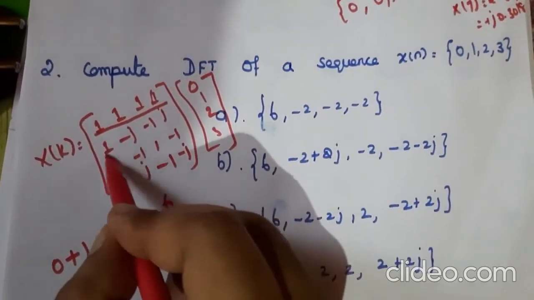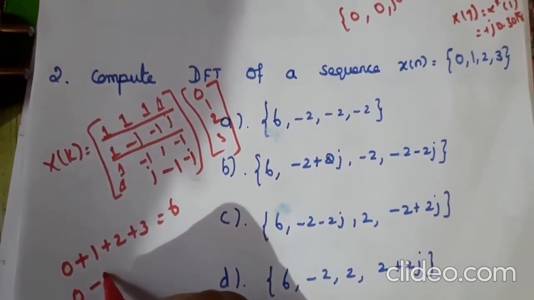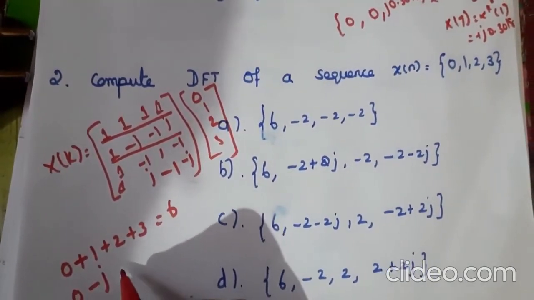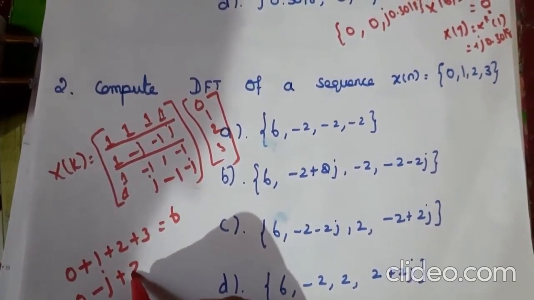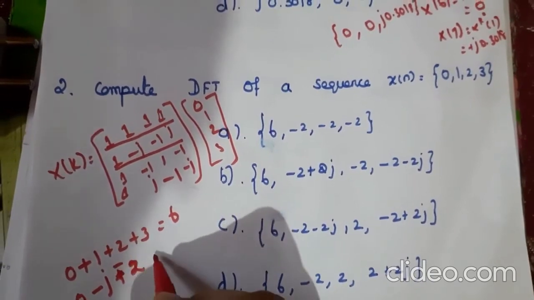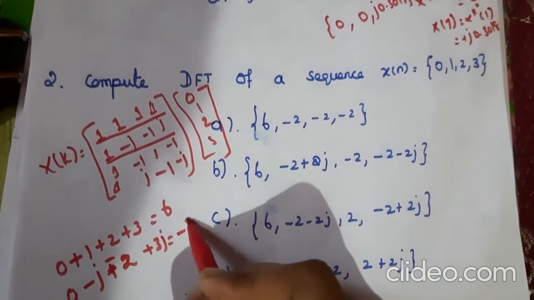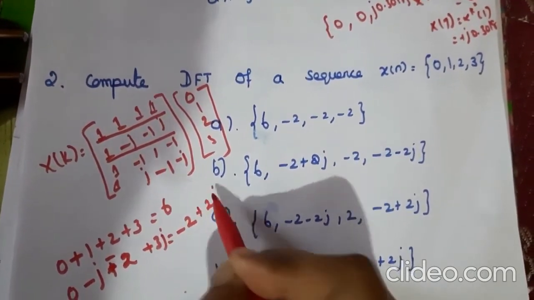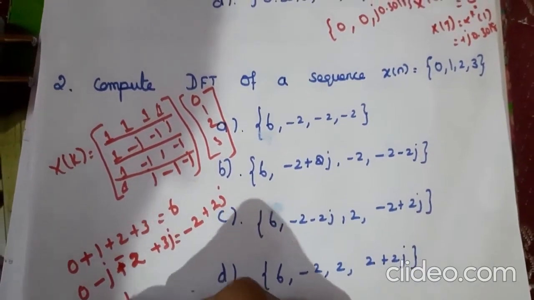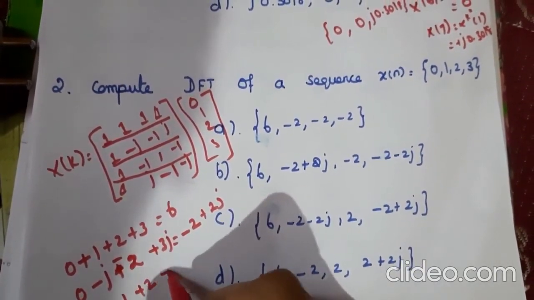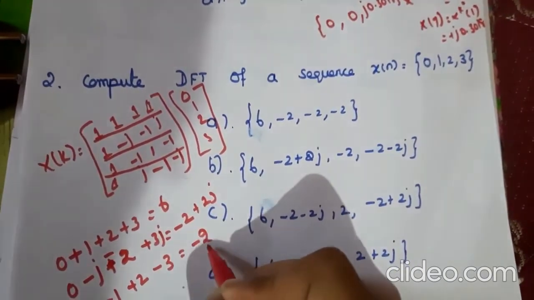And the second point is 0 minus j, minus 2, plus 3j. So the answer here is minus 2 plus 2j. Third point: 0 minus 1 plus 2 minus 3, so that is minus 2.